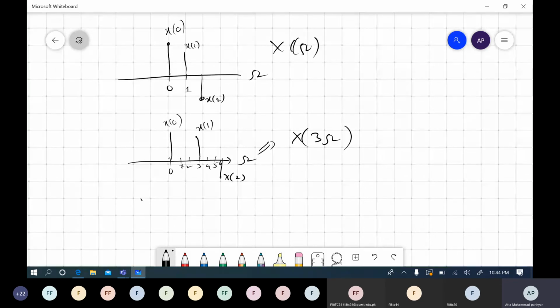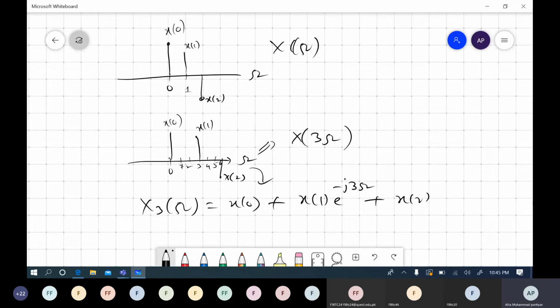In other terms, we can say x3 of omega is now equal to x of 0, the DC component, plus x of 1 e to the power minus j3 omega. I am talking in this particular case, because another sample exists only when omega is equal to 3, right?